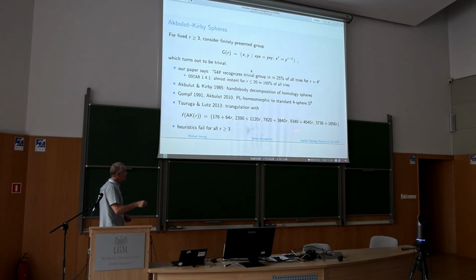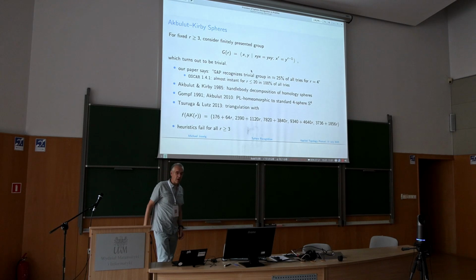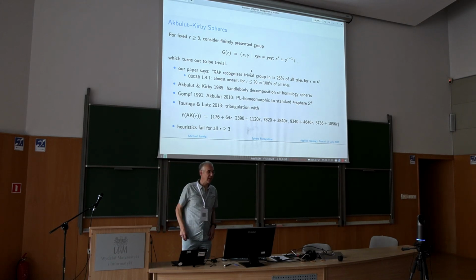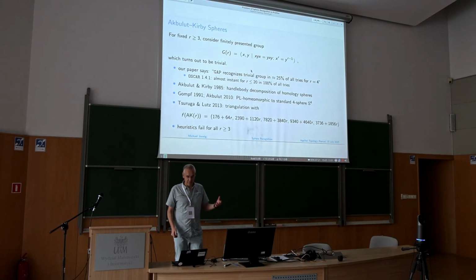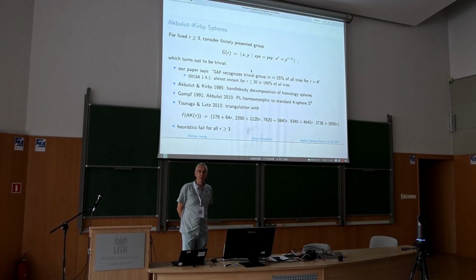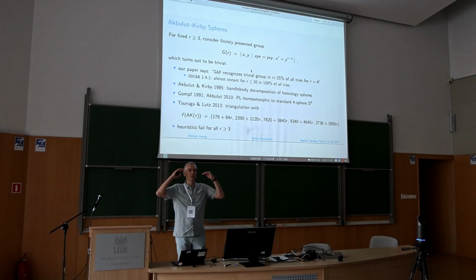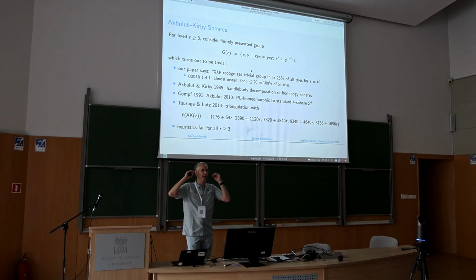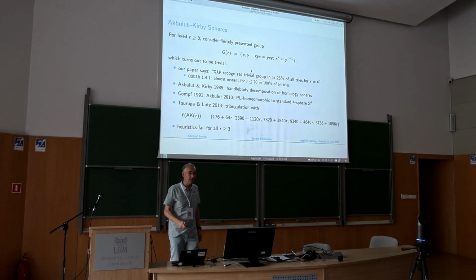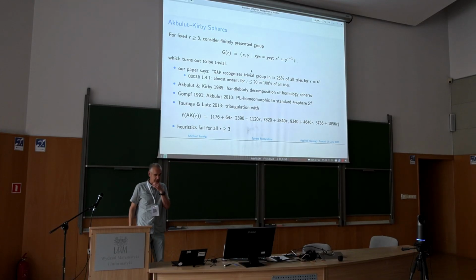Now, if you take these spheres and throw them into our heuristics, well, that's the end of it. There is no way except for this fundamental group trick for dimension 3 in which this works, but neither the random discrete Morse theory nor the bistellar flips work on these examples. So these are pretty bad examples.